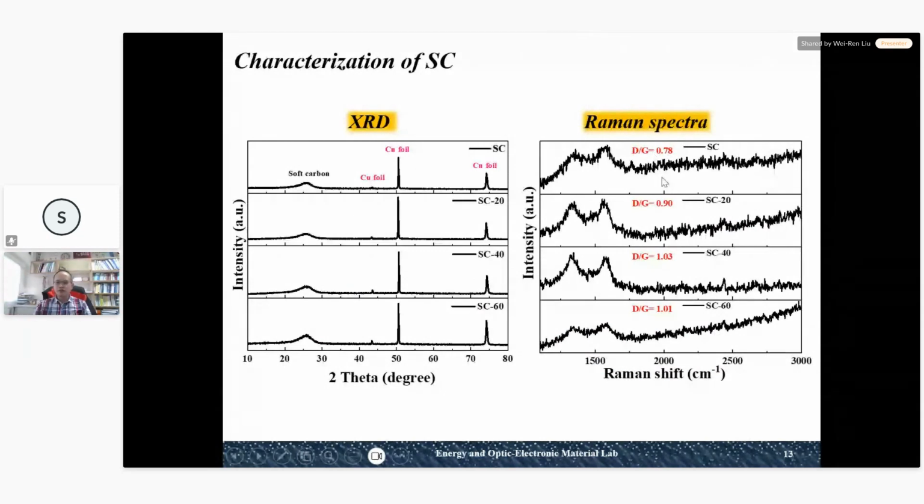After the 20 times, it will increase to 0.9. 40 times increases to 1.03, and the 60 times is very similar, 1.01. So it means that after the argon plasma treatment on the surface, the defects will increase. So the increased defects may be a benefit, so the lithium storage capacity increases.